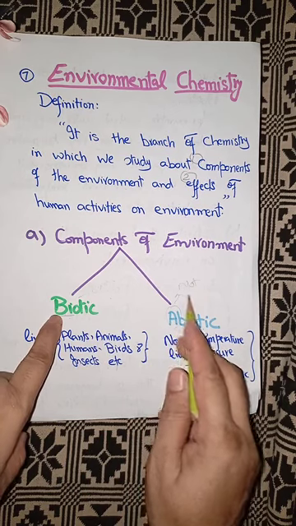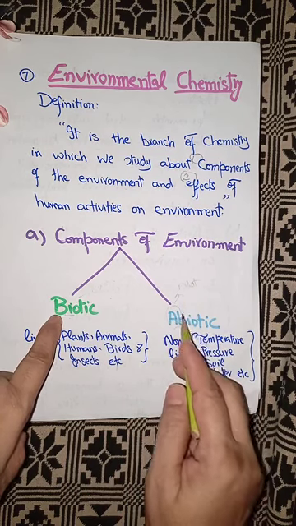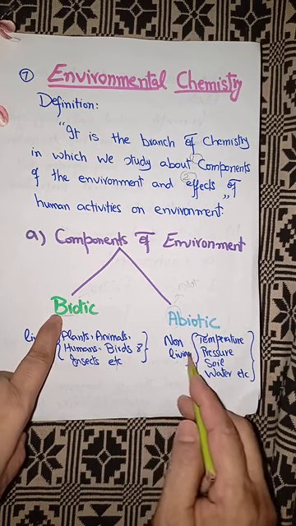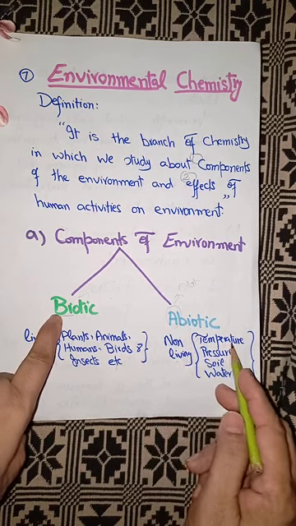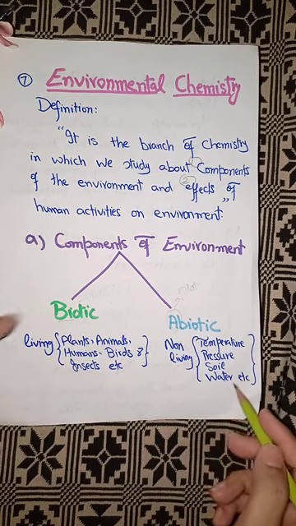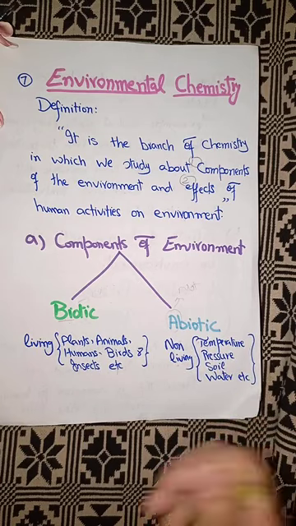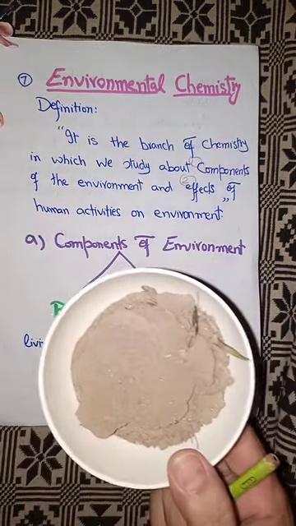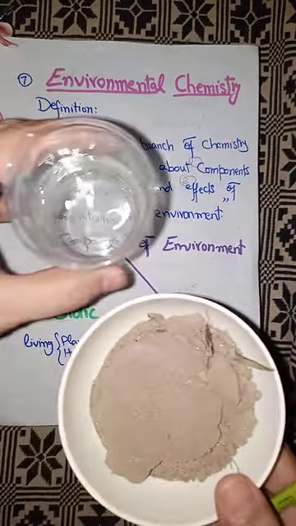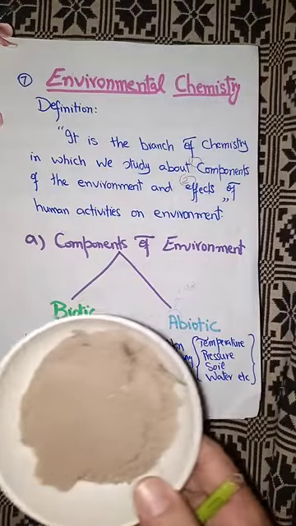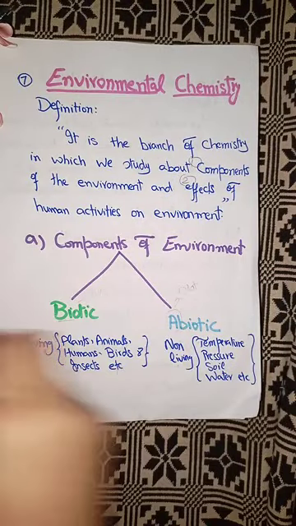A means not, it means not living. These are the components which are based on non-living items like temperature, pressure, soil and water. The soil and the water are abiotic components which make the environment.